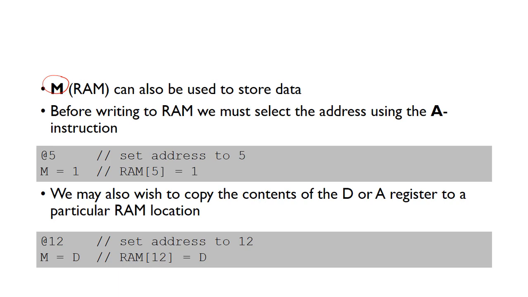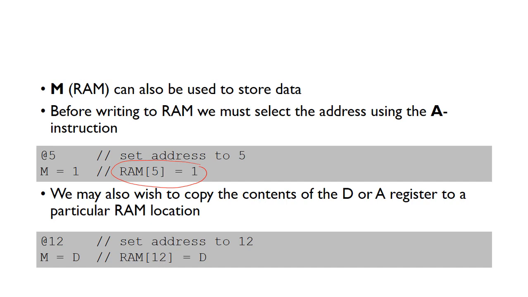The first instruction is an A instruction, where we set the A register to be equal to 5. Then in the next instruction, when we do M equals 1, it'll store the value 1 in RAM 5.